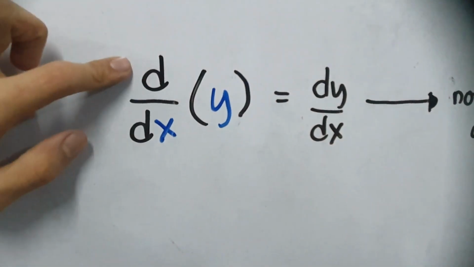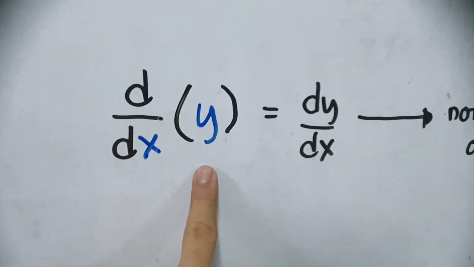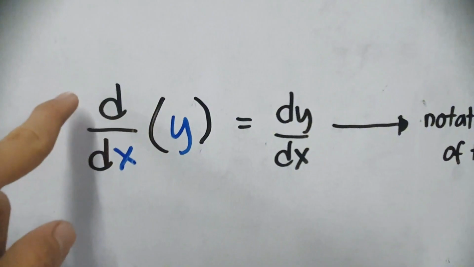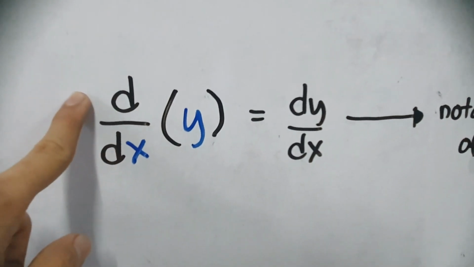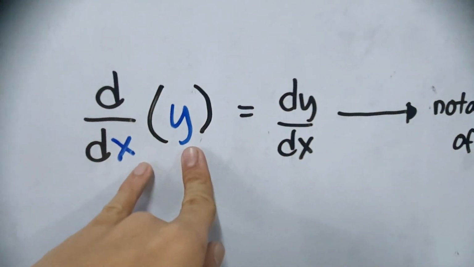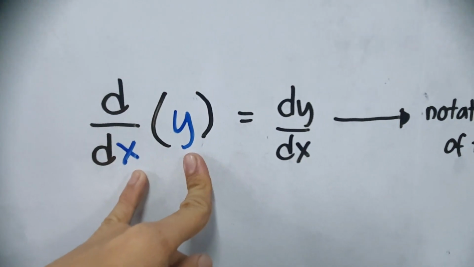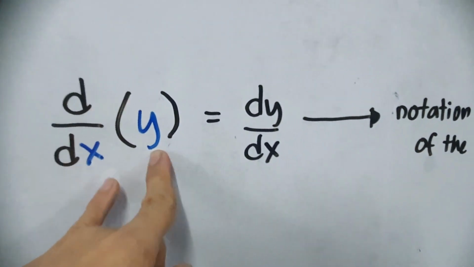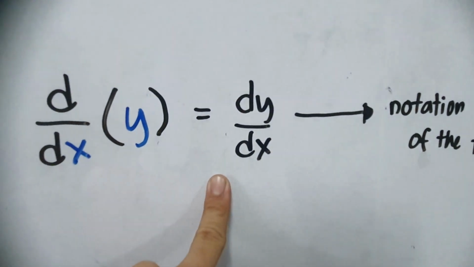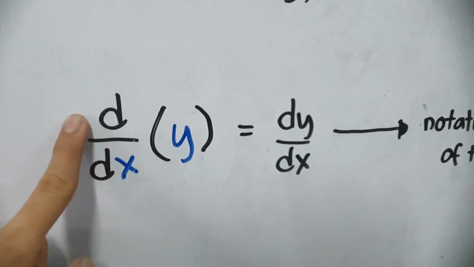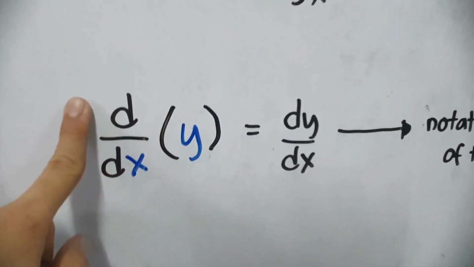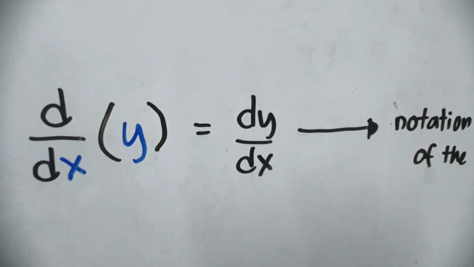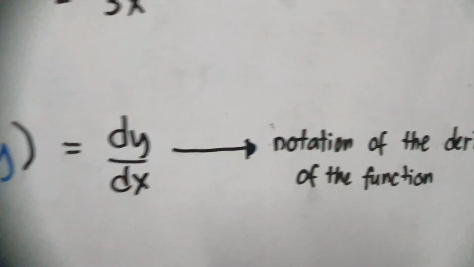If we're going to derive a variable y with respect to x, so we're going to derive a certain variable that is not agreeing with the variable that we are going to derive to, that is simply equivalent to dy over dx, writing the numerator d times y over dx. So that will be equivalent to dy over dx.